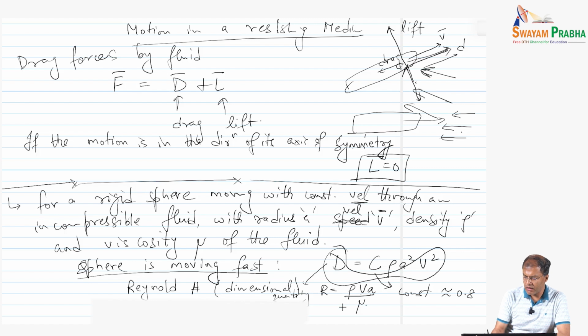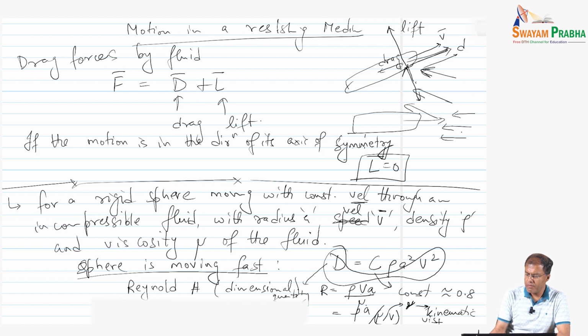Sometimes we can also write the Reynolds number as rho times A times V divided by mu, and I write mu divided by rho as nu, which is the so-called kinematic viscosity, right?